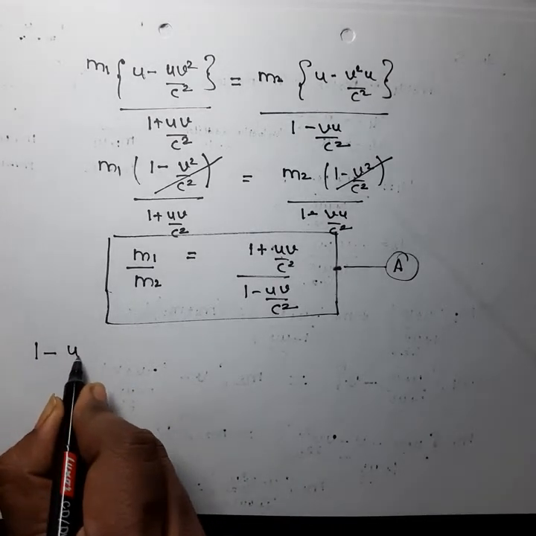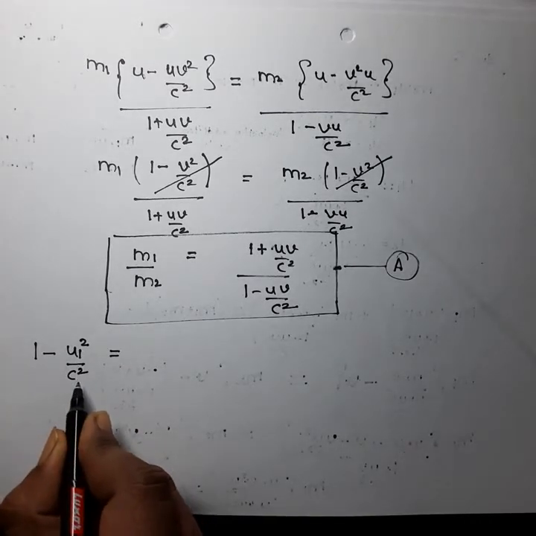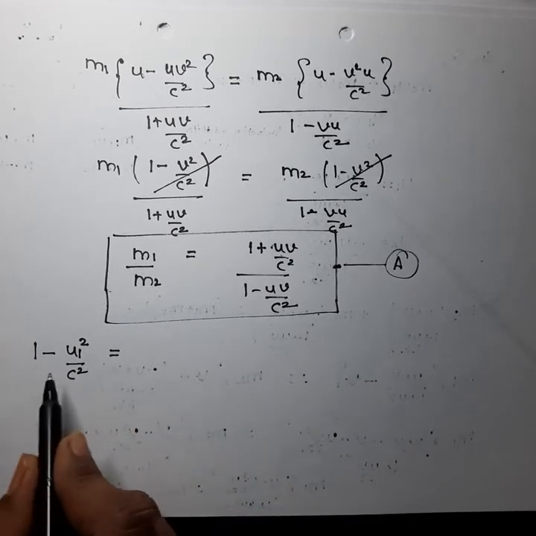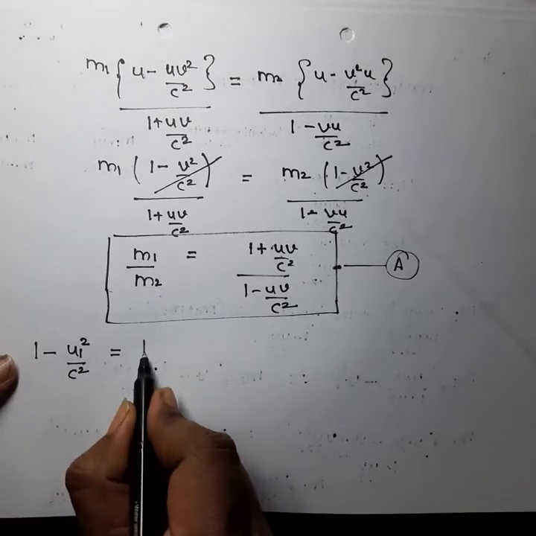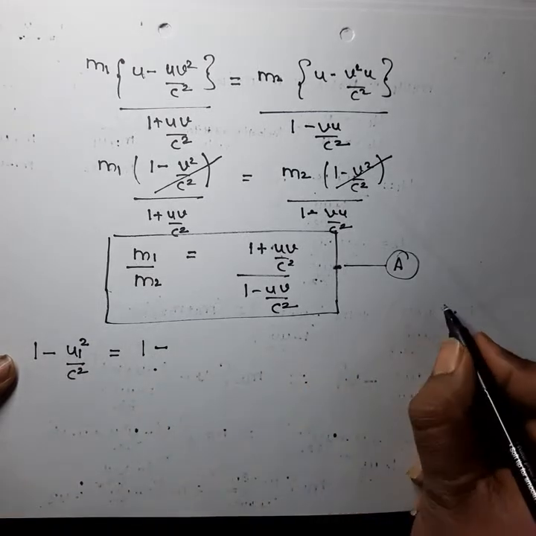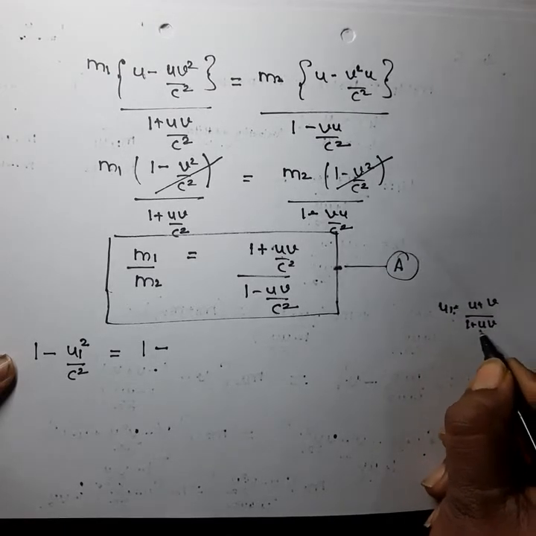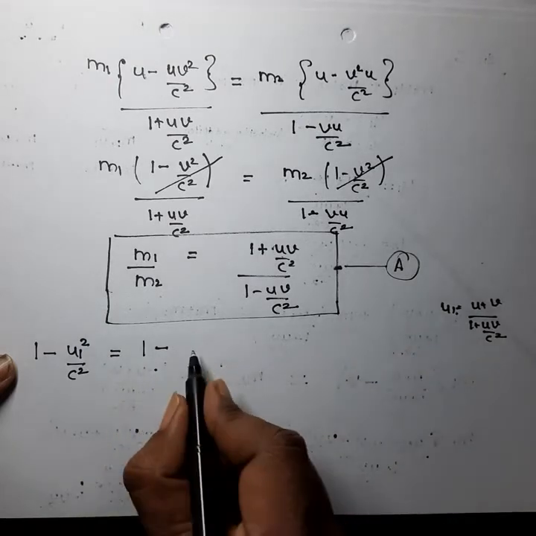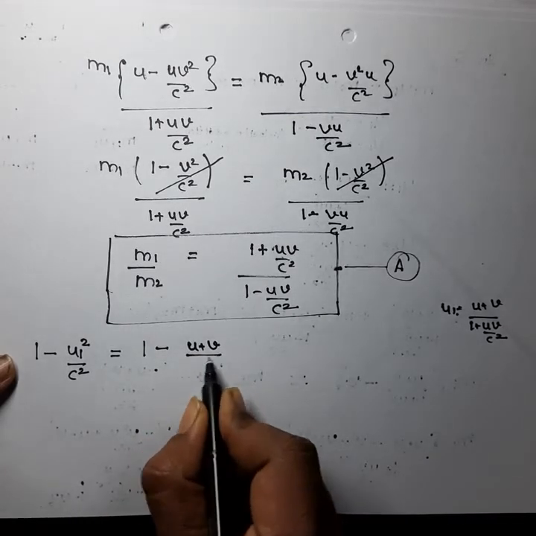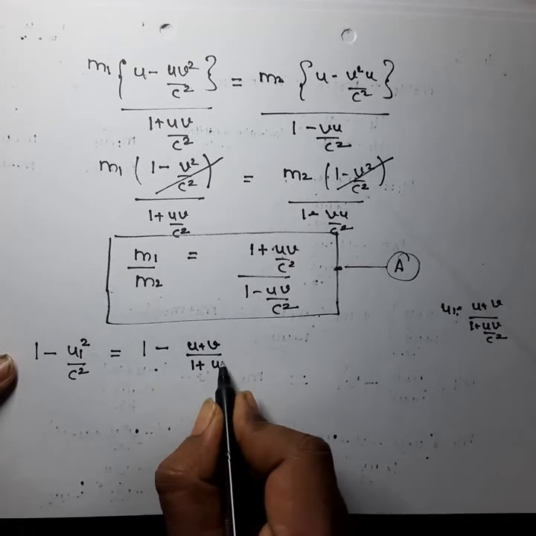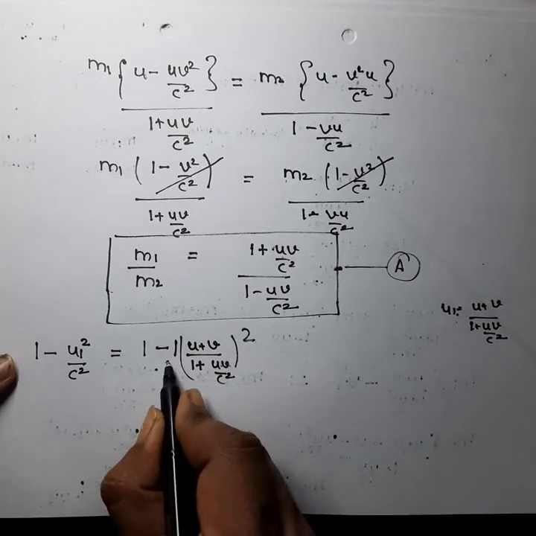Let's calculate u1 square by c square and see what value comes. 1 minus u1 square by c square, since the calculation is already done, but for simplicity you can see that 1 minus u1 square by c square can be expressed as 1 minus, you know u1 is u plus v over 1 plus uv by c square, so we substitute for u1 here: u plus v divided by 1 plus uv by c square, whole square, divided by c square.